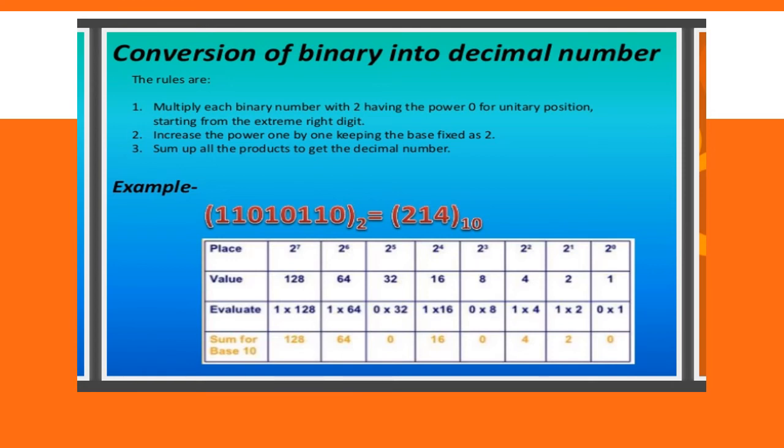Sum up all the products to get the decimal number. Here 11010110 is the binary number and 214 is the decimal number.